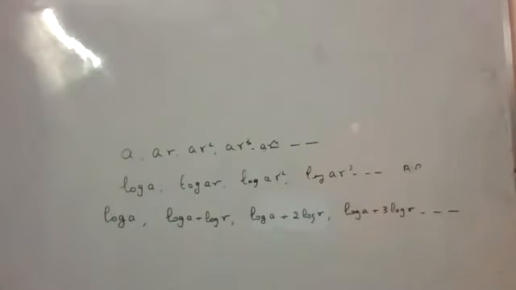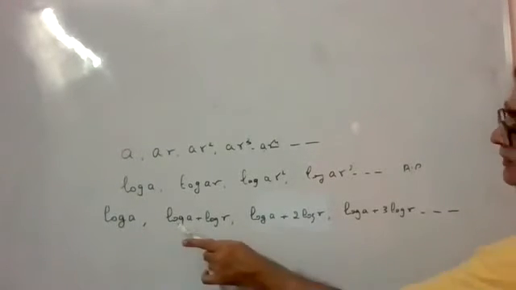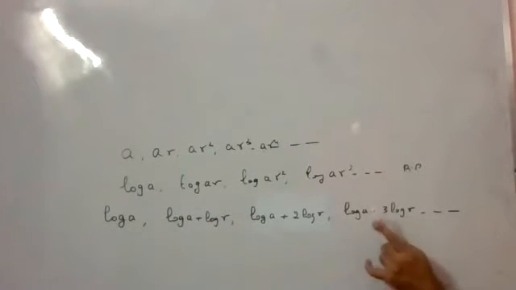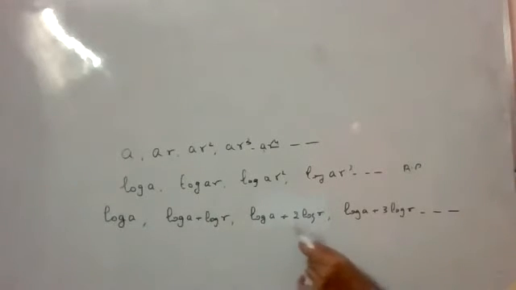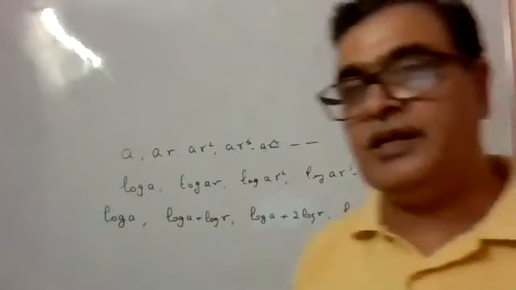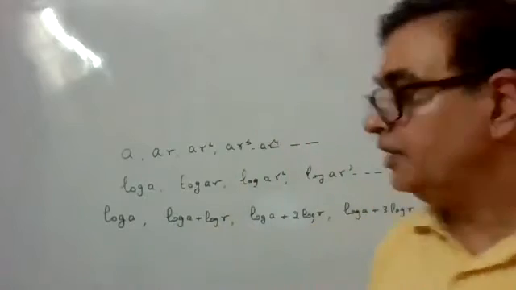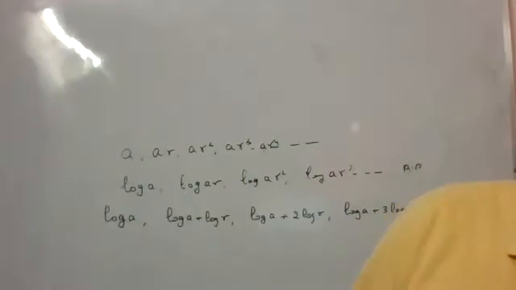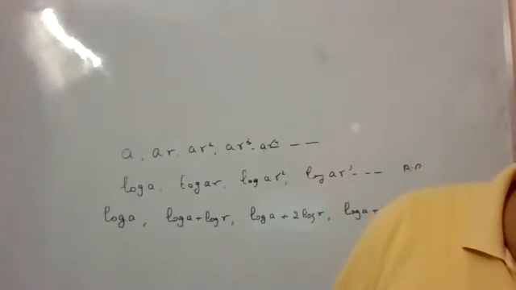So first term is log A, second term is log A plus log R, third is log A plus 2 log R, then log A plus 3 log R. That means A plus D, A plus 2D, A plus 3D. So yes, it will be coming as AP. So if you take log of all GP terms, then we will have this as AP. Now coming on questions on it.